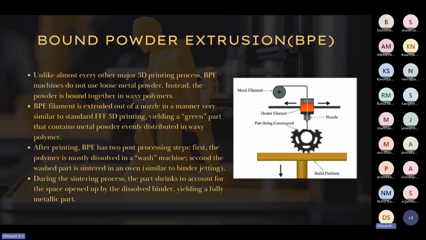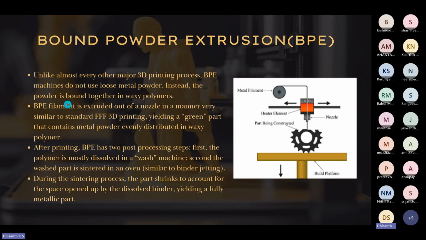But we need only metal to achieve the final metal density, right? So after this it will be heated or sintered so that the polymer melts and only the metal remains. Unlike most other major 3D printing processes, BP machines do not use loose metal powder.